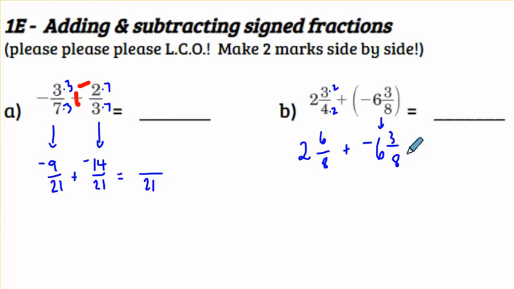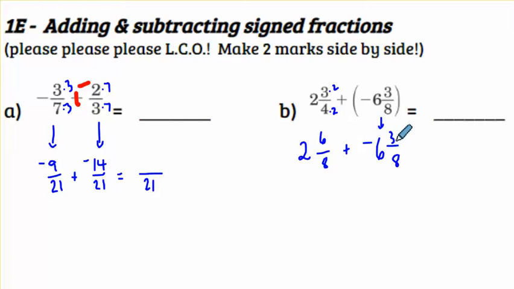Okay, this is where you kind of got a choice. You can keep these as mixed numbers. We know that we're going to need to subtract them because the signs are different. This is positive, this is negative, and when signs are different, you find their difference.